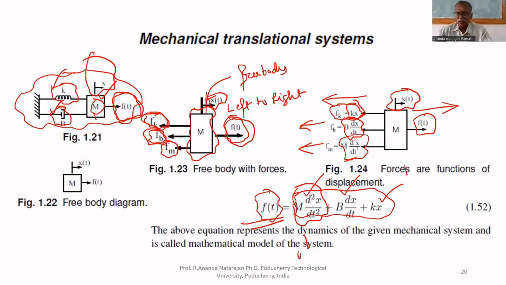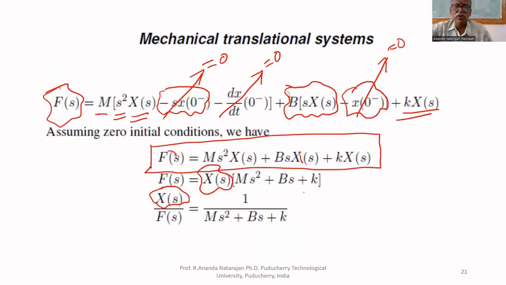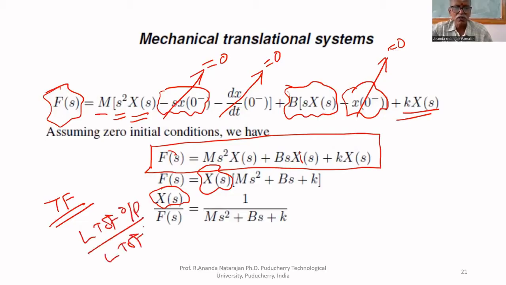That's why we are finding what the applied force f of t is. Because of this f of t, there is a displacement, that is x of t, which is the output. Input is the applied force. Therefore, we have to find the Laplace transfer function. The definition of transfer function is Laplace transform of output upon Laplace transform of input.